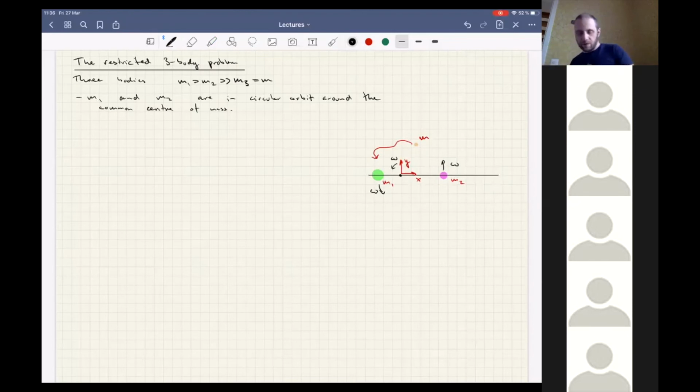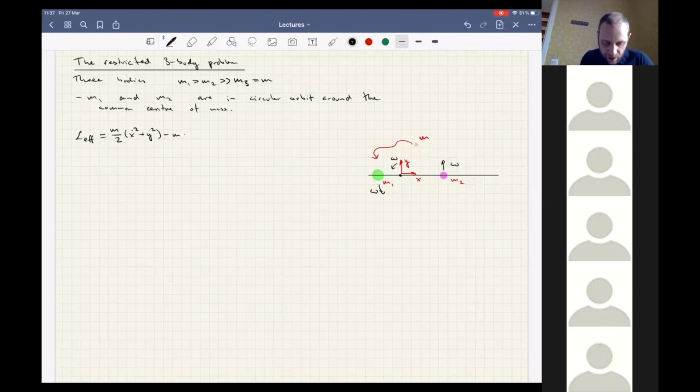Now that is going to give me some additional terms in the Lagrangian. So the effective Lagrangian for this third body is going to be given by m divided by 2 times x dot squared plus y dot squared. And then, first of all, we're going to have the gravitational potentials of m1 and m2, but we're also going to have a couple of terms that result from the coordinate transformation.